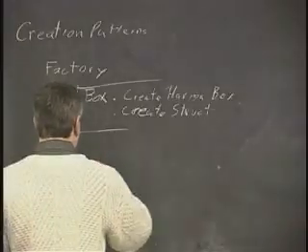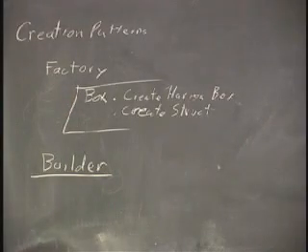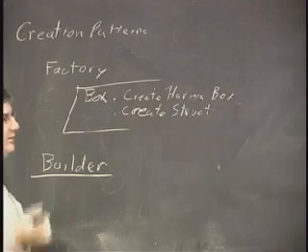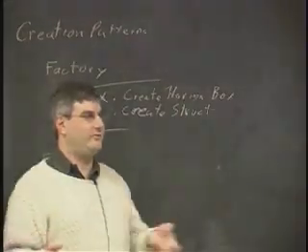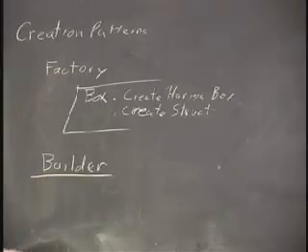A related pattern is called builder. If the structures you want to build are fairly complicated and they have lots of has-a relationships, lots of containment relationships, it's nice sometimes to have a builder class whose sole job is to have methods that compose various types of objects into larger structures.